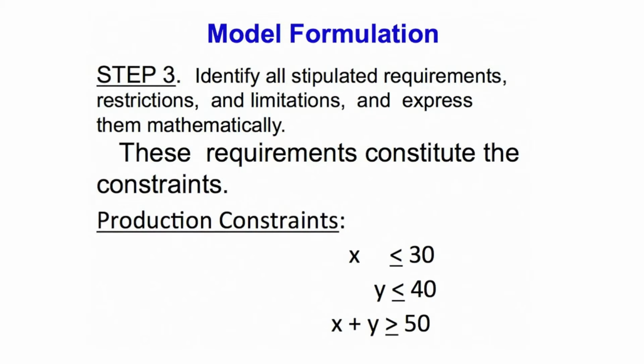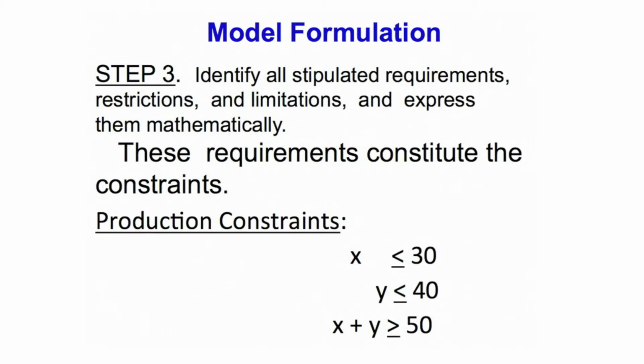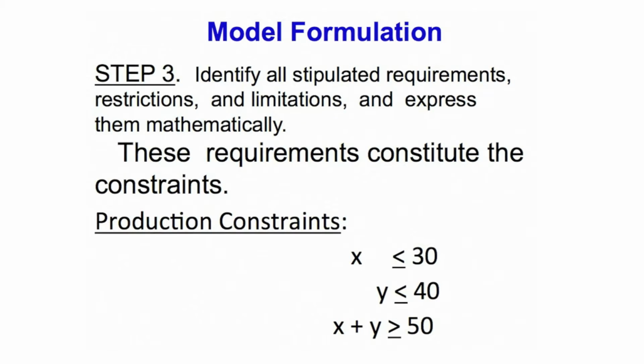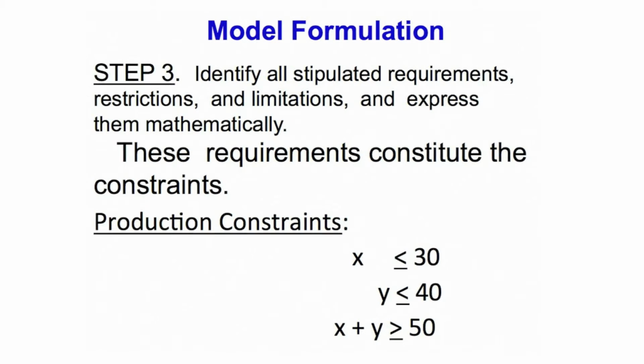Then, we identify all stipulated requirements, restrictions, and limitations, and express them mathematically. These requirements constitute the constraints. The production constraints are as follows: X less than or equal to 30, Y less than or equal to 40, and X plus Y greater than or equal to 50.